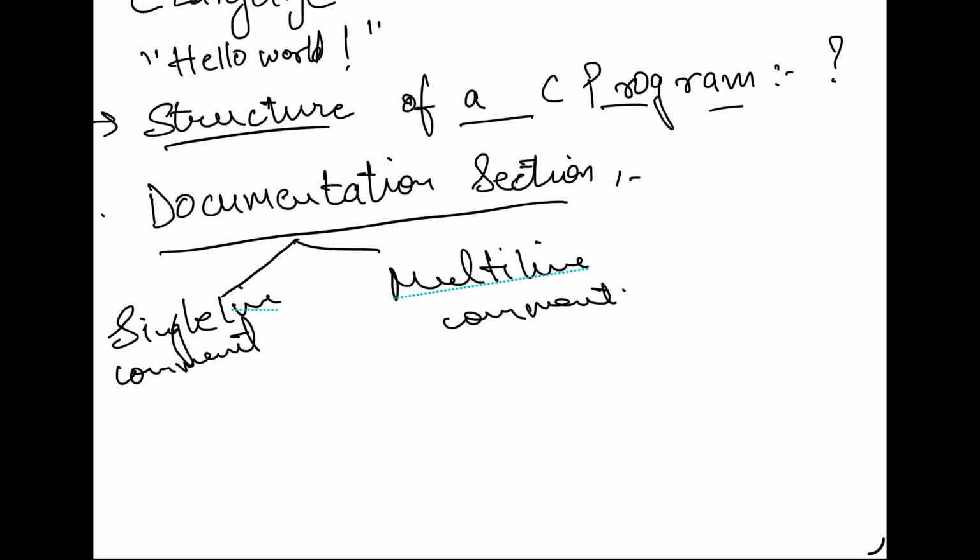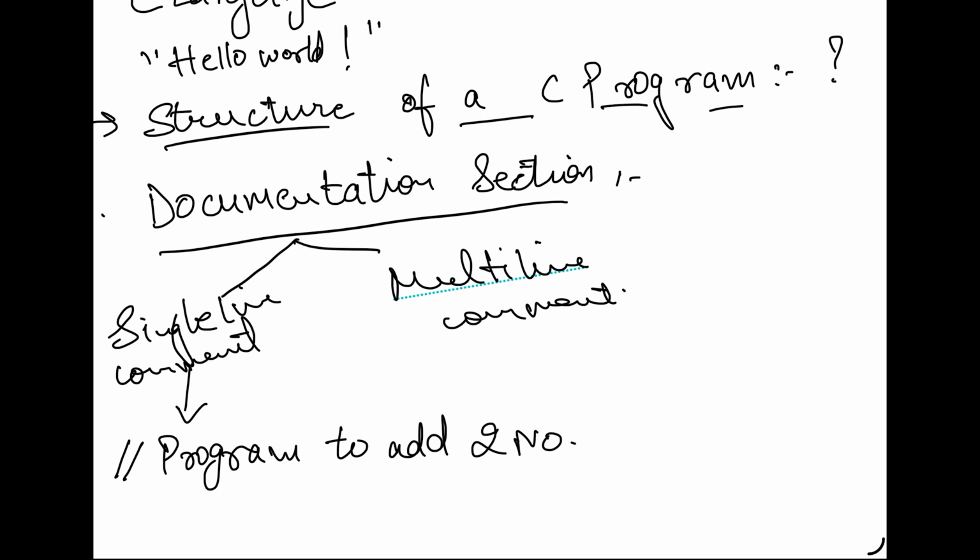A single line comment starts with two forward slashes, for example, like this: // write a program to add two numbers. A multiple line comment starts with slash-star and terminates with star-slash.